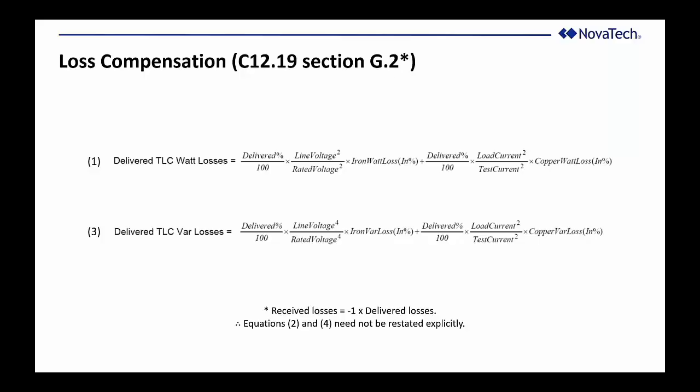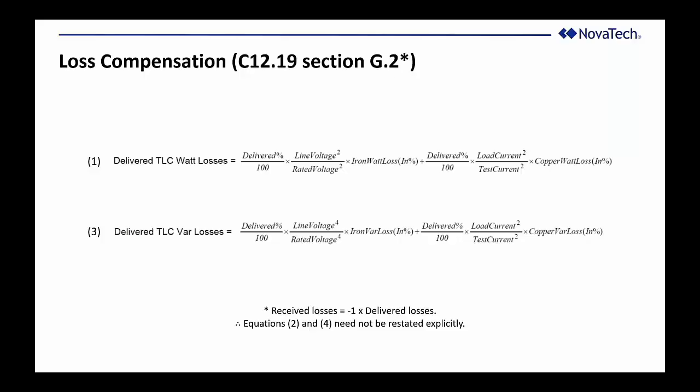The reason that I mention this is because it is a well understood, mature technology. It doesn't change. And this is the equation that's used by the meter to measure the voltage and current on one side of the transformer, either add the losses or subtract the losses, and come up with the watts and VARs on the opposite side of the transformer.